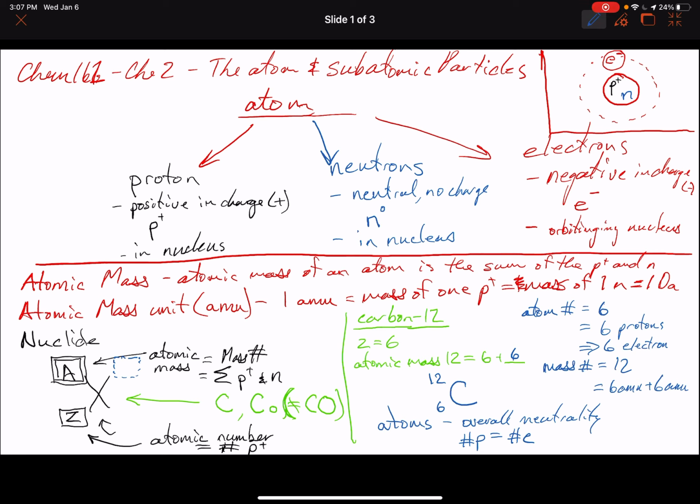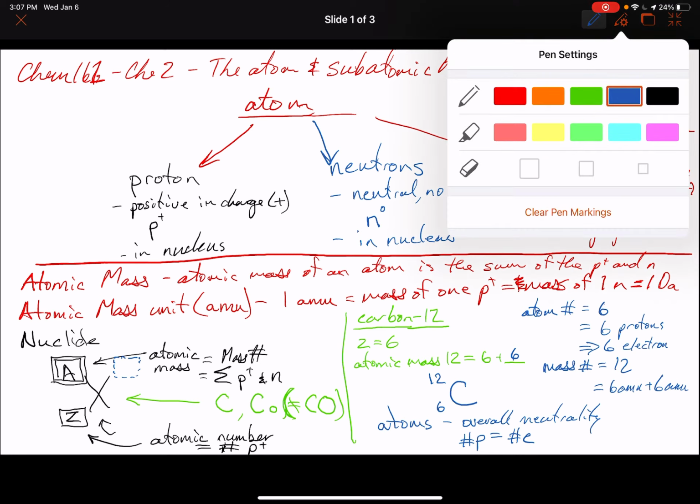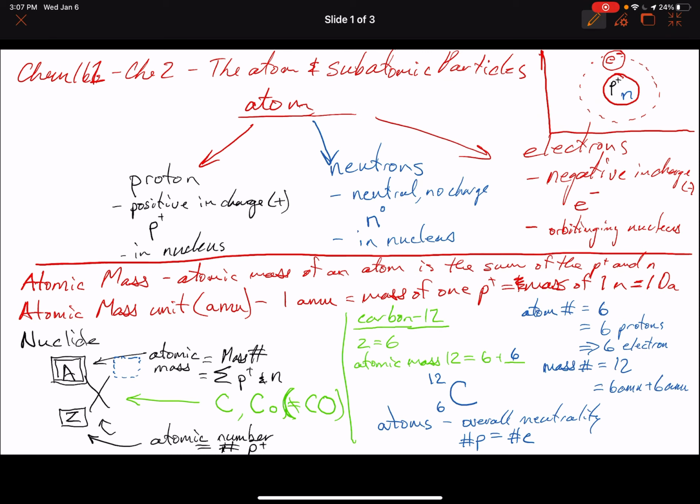And when we look at ions later in the course, I'll just tuck that in here, you can see that we're going to have an imbalance.